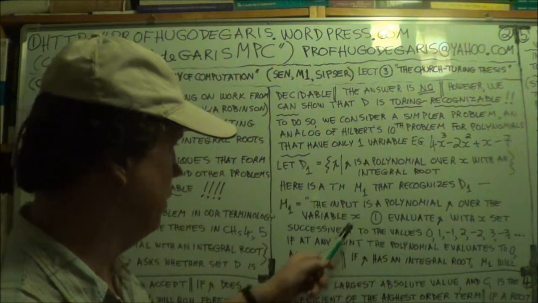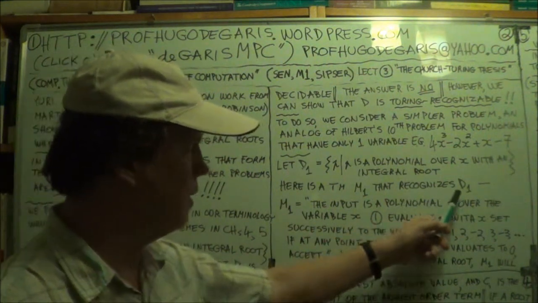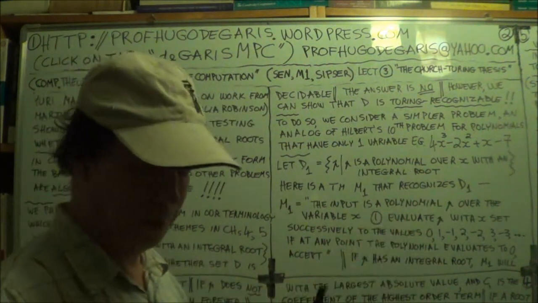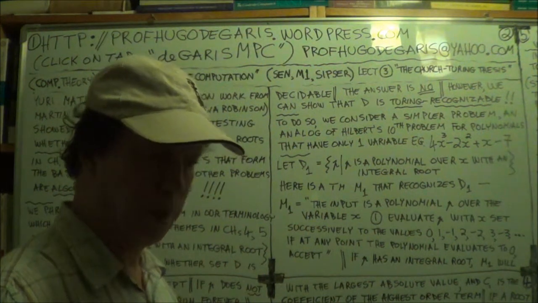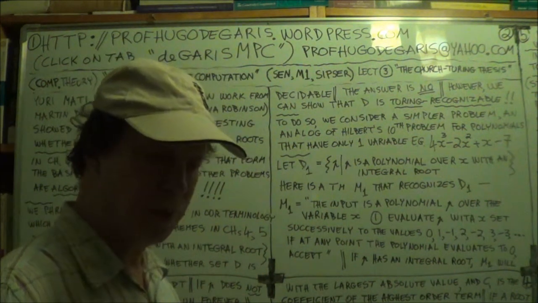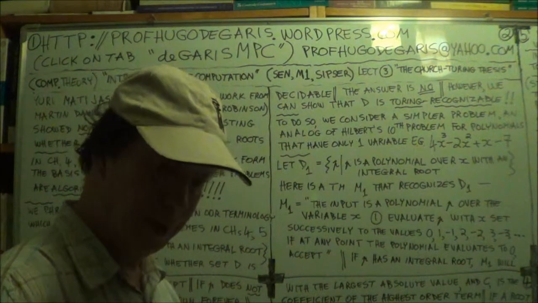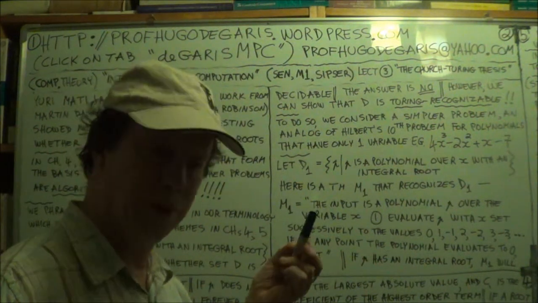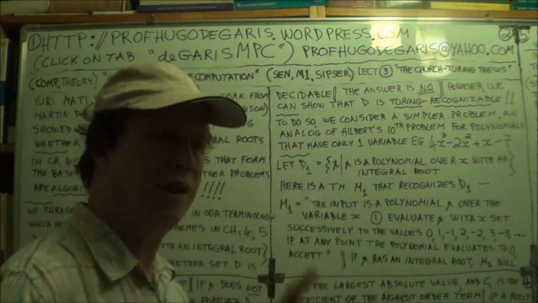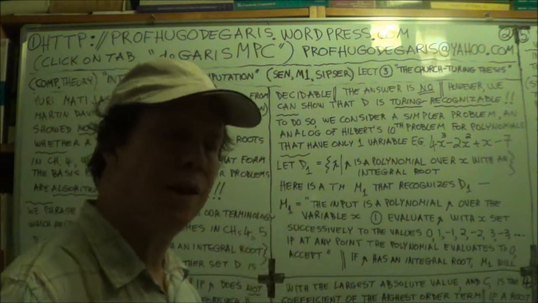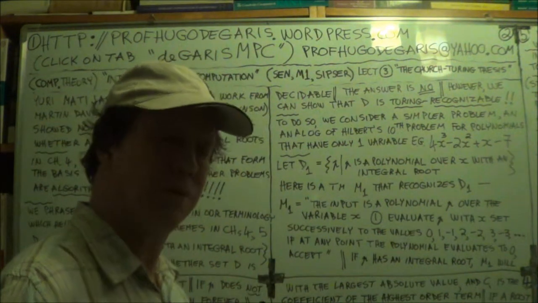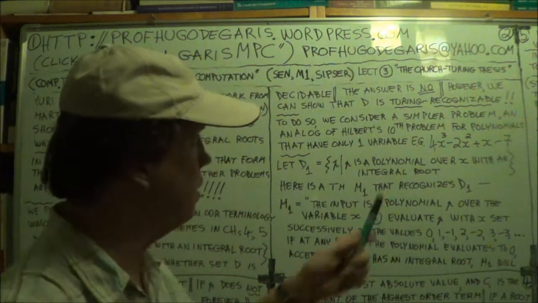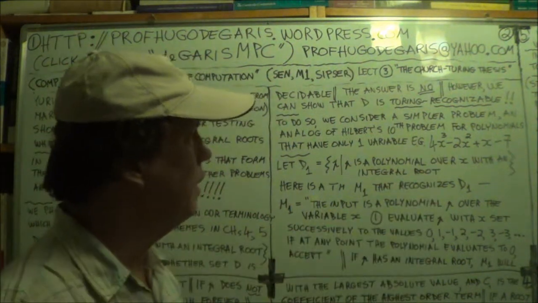So here, for this case, now we're trying to find a recognizer, in other words, a Turing machine that will accept those strings that represent polynomials that do have at least one integral root, right? The solutions. In this case, there's only one variable, x.